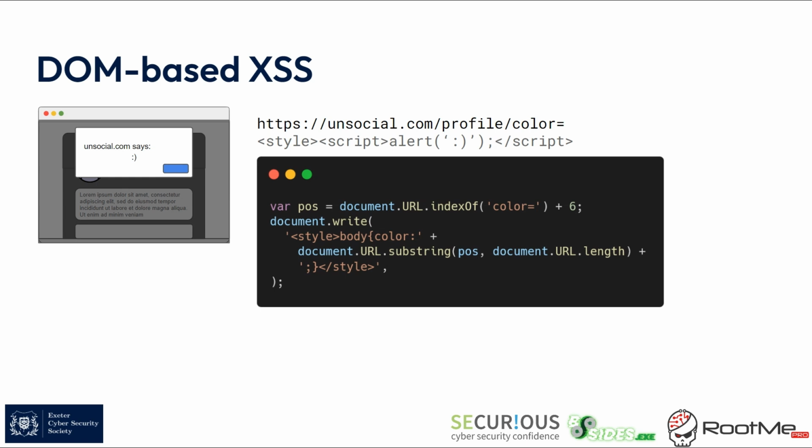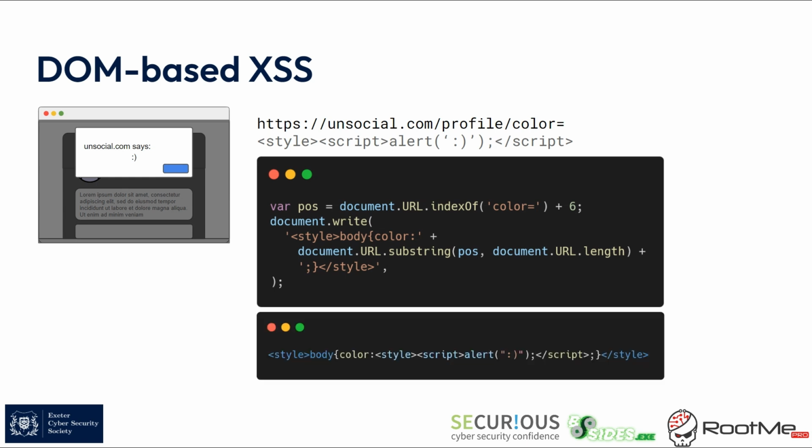And we call these JavaScript sinks. So you can see here that because I'm writing that specific block of HTML into the website, it escapes the style tag, it runs the script as JavaScript, and the browser executes it, and I get the alert.